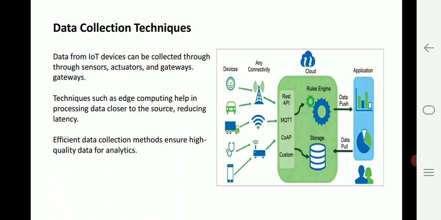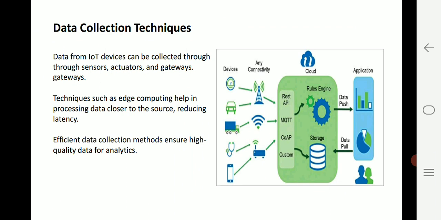We already said that it basically collects the data. How will the data be collected and what techniques are used in IoT architecture? Let us talk about it briefly. Data from IoT devices can be collected through sensors, actuators, and gateways. Techniques such as edge computing help in processing data close to the source and reducing latency.